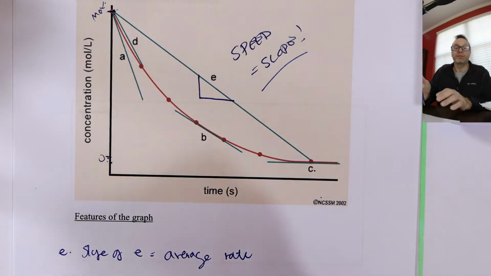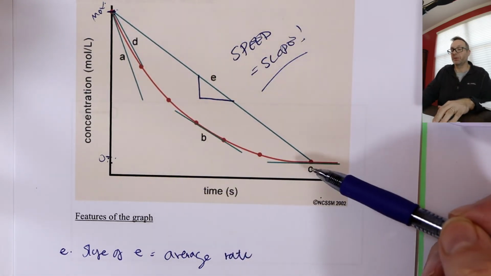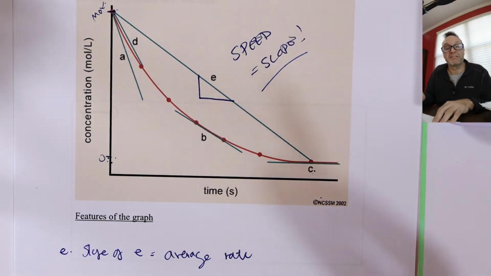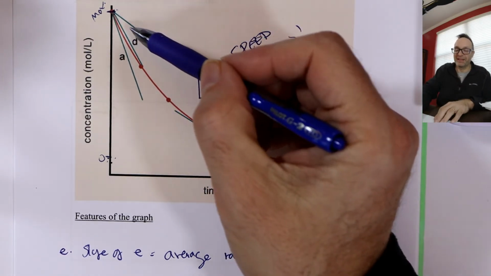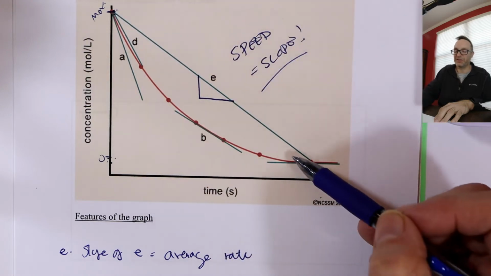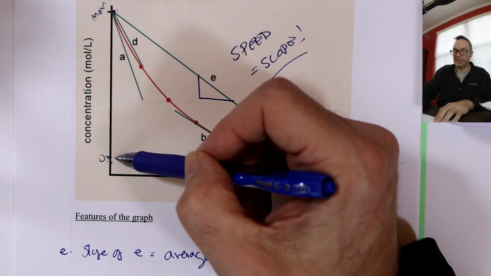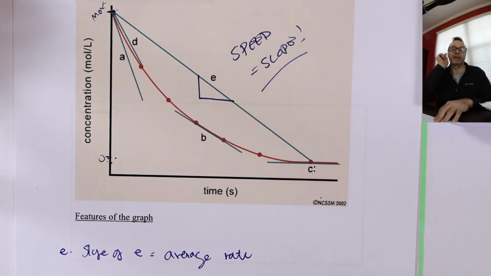If I'm just doing the gross average, the whole change in concentration over the whole time, like our average was 60 miles an hour to Chicago, okay, it's over the whole time. So it's essentially modeled by this line, isn't it? The slope of this line, start to finish, change in concentration, change in time. What's that average speed or slope of that line?